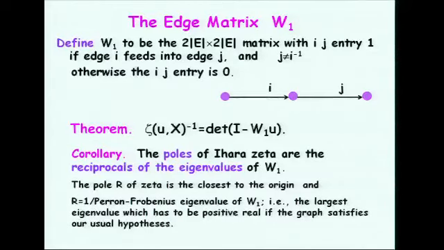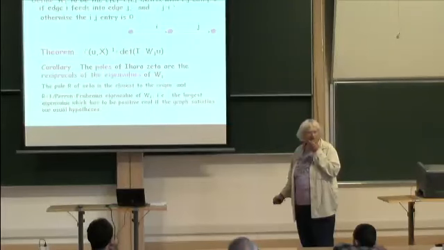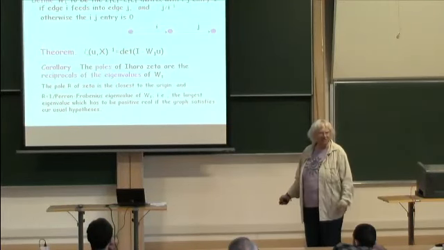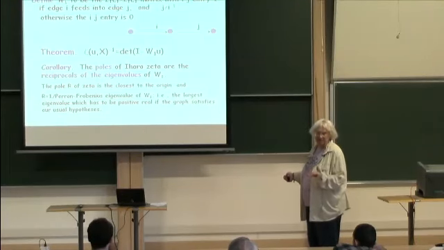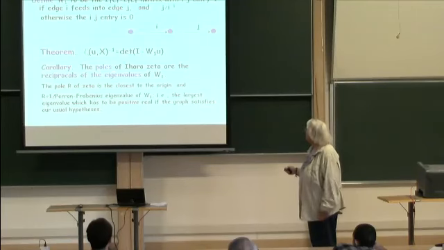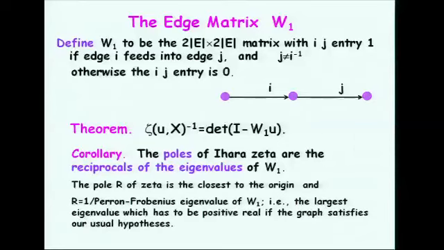I think the theorem that you need to understand the matrix W1 isn't taught in calculus in the U.S. anyway, whereas the theorem you need to understand symmetric matrices is. So basically the Perron-Frobenius theorem is the basic fact you need to understand what's going on with this matrix. So this formula says the poles of the Ihara zeta are the reciprocals of the eigenvalues of W1, and we're going to call capital R the closest pole to the origin.